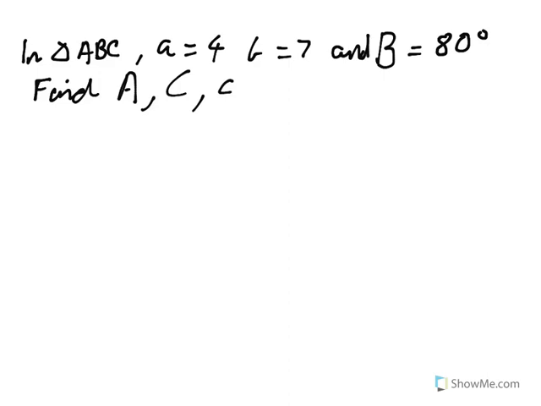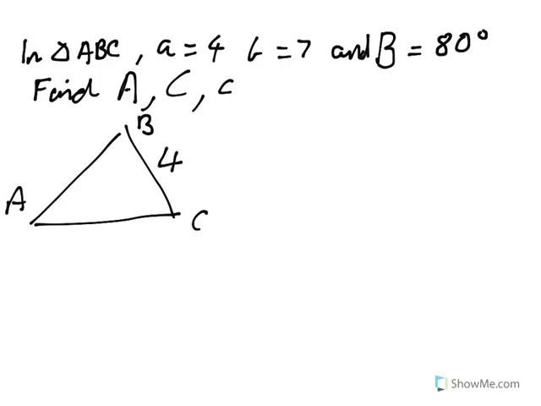Alright, so let's draw this thing. So here we've got A, B, C, doesn't really matter. a is that side opposite angle A, so there we are, 4. b is the side opposite angle B, there we are, 7. Angle B, it's 80 degrees.